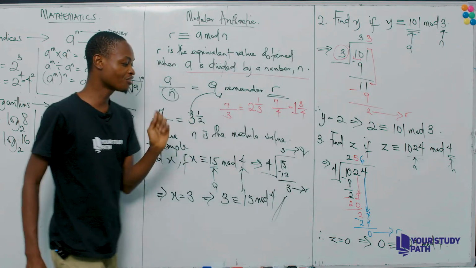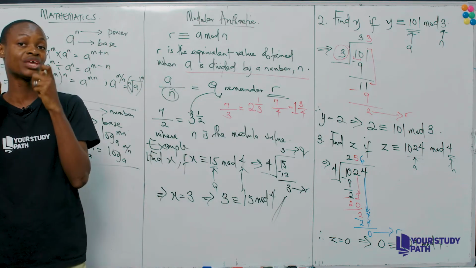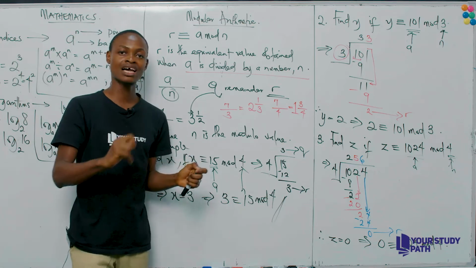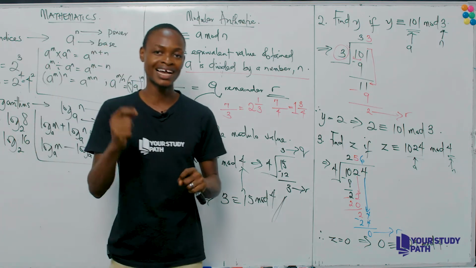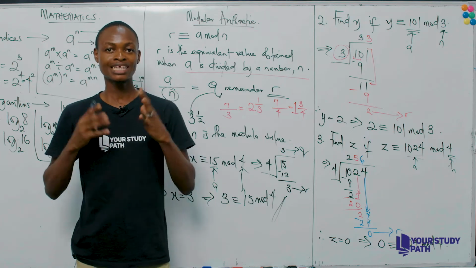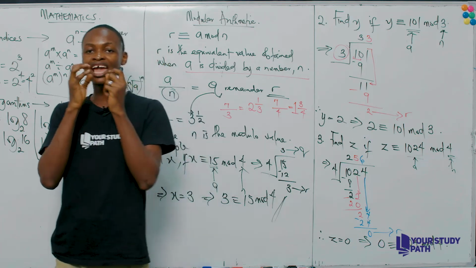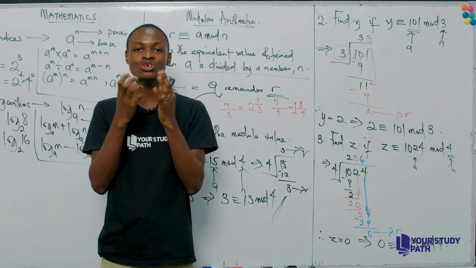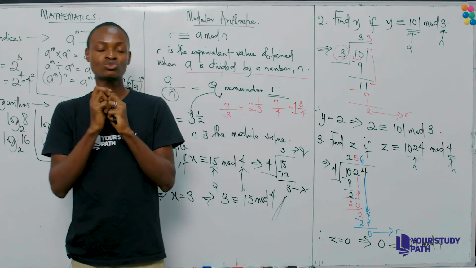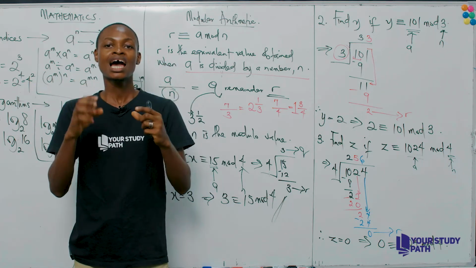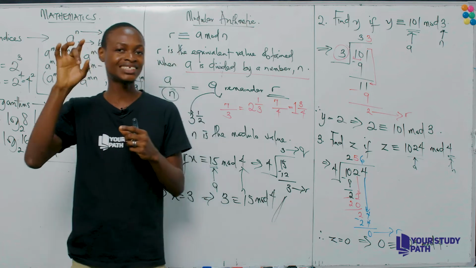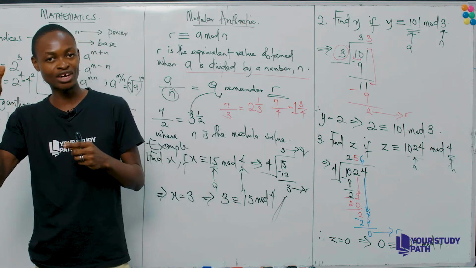Yes, your equivalent value, or the remainder that you will get, will never be as much as the modulo value. That is because the equivalent values, or the class of equivalent values, which is what we call equivalent classes, are always less than the modulo value itself.